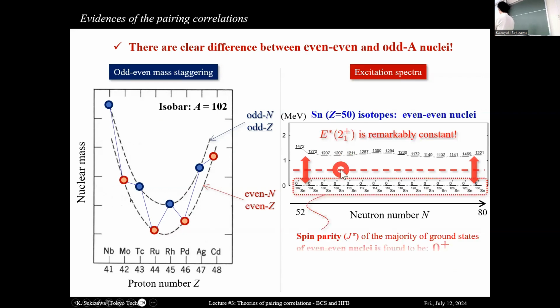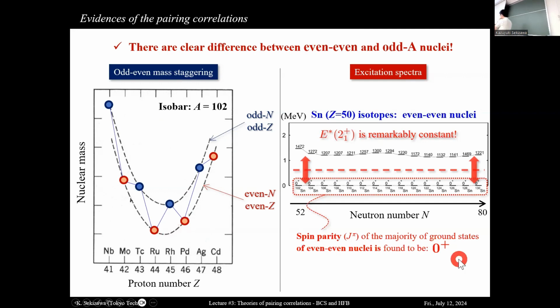Also, you can find that the spin parity of the ground state of even tin isotopes is always 0 plus. There are small symbols 0 plus. It indicates the total spin is 0 and the parity is positive. This is the J-pi, spin parity.